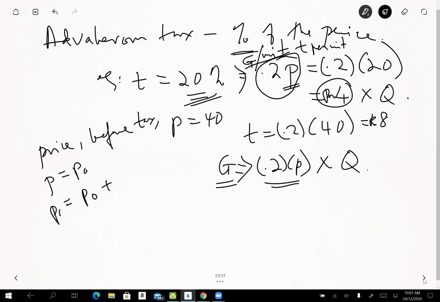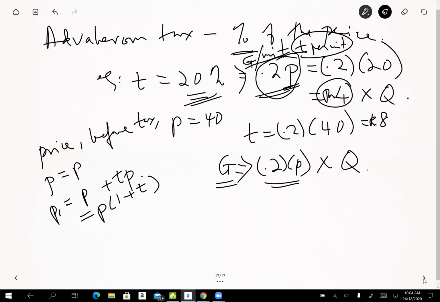I will just use P because it will be more general: P plus T times P. So this is the tax per unit, T times P. So that will go to P times 1 plus T.